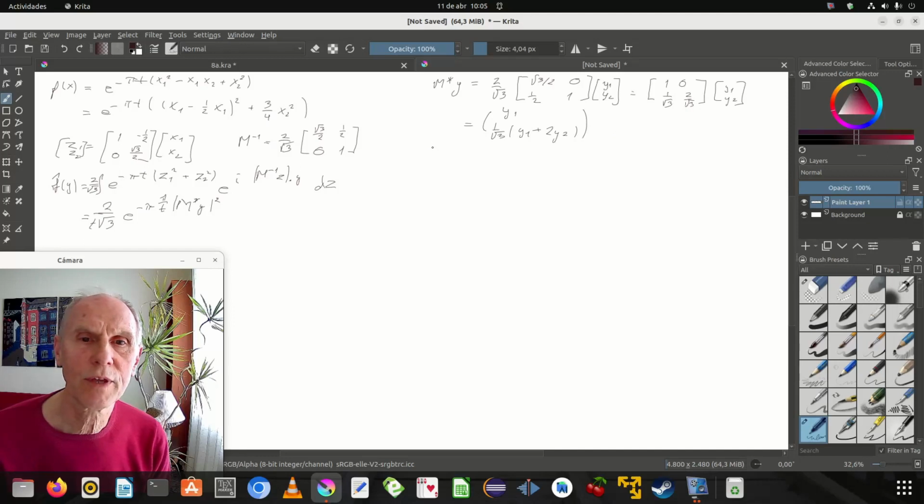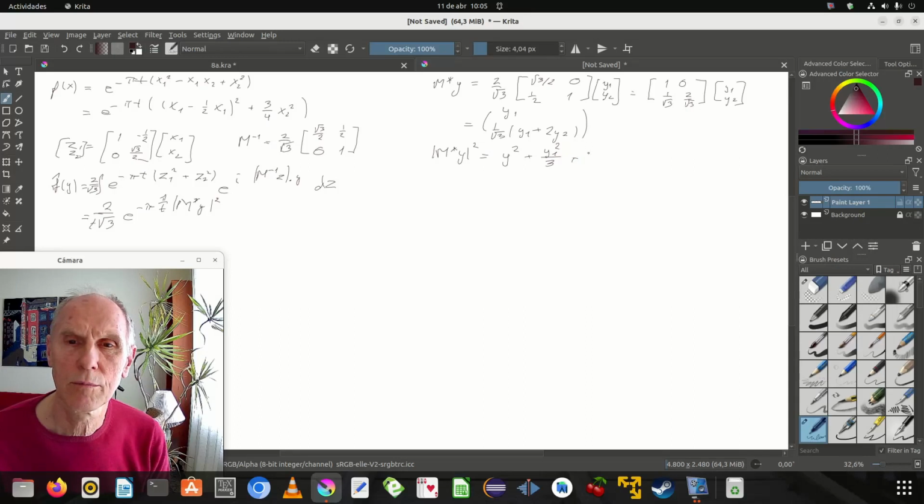And we need the norm of that squared. y1 squared plus twice the product plus y2, the second part squared, and this was y1.